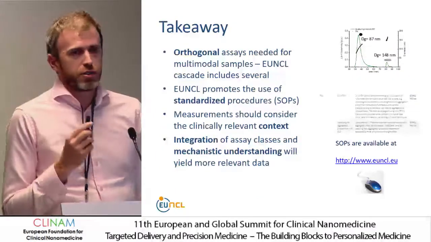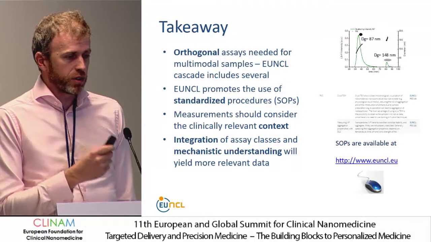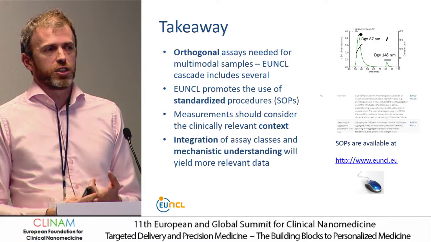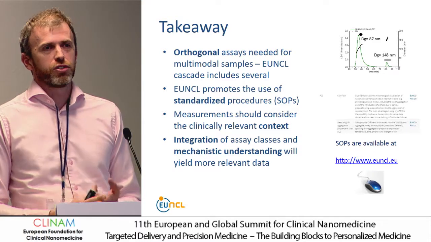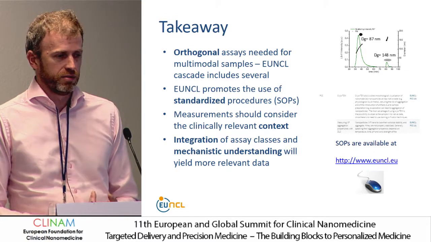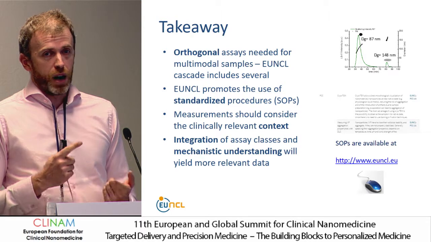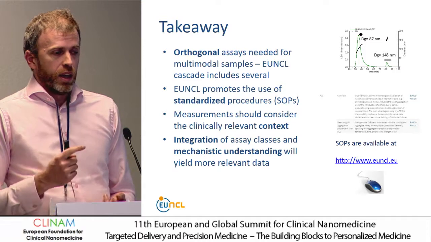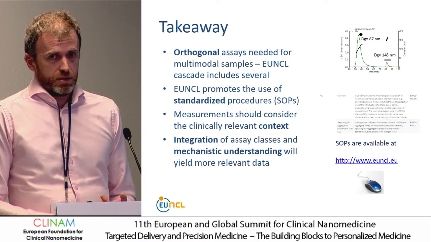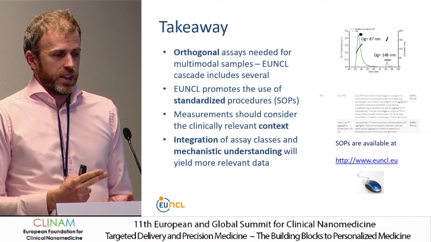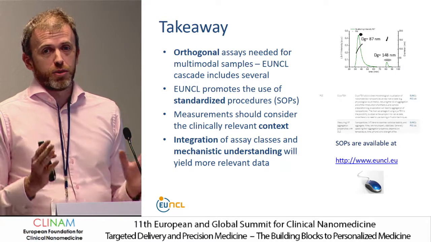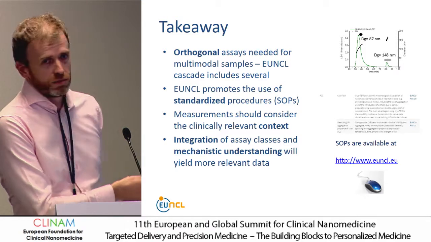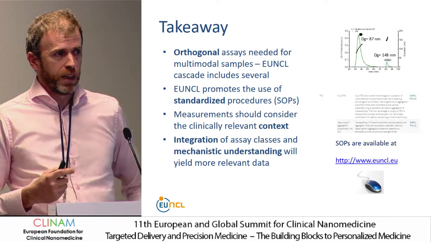These are the things that you should take away from this talk. Orthogonal assays are needed for multimodal samples. Do not trust DLS by itself. Our cascade includes several of these orthogonal assays. EUNCL promotes the use of SOPs, as has been mentioned several times already, and these are available online on the website.